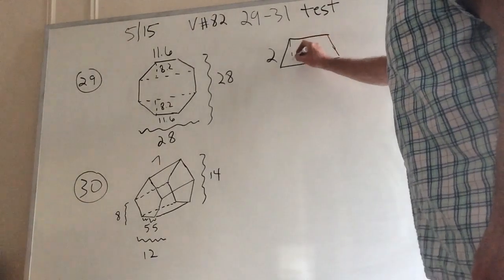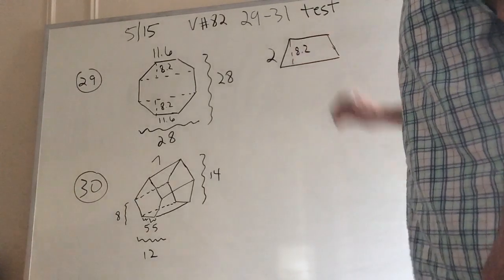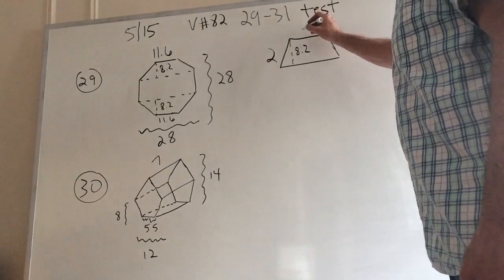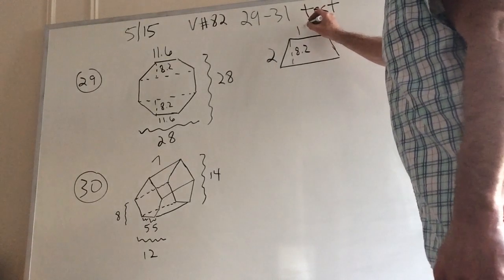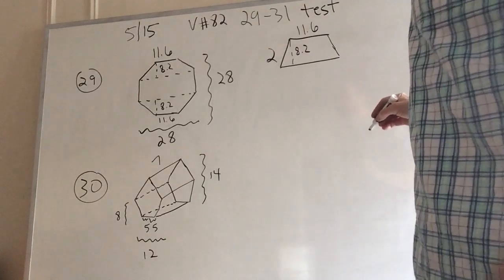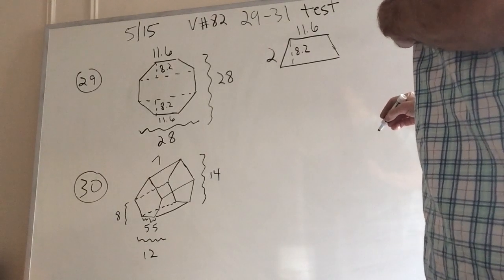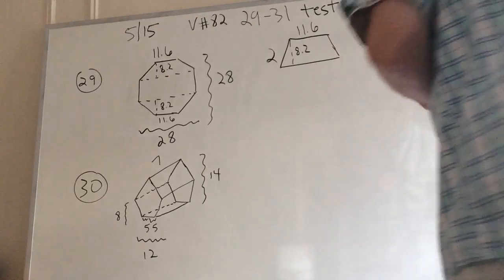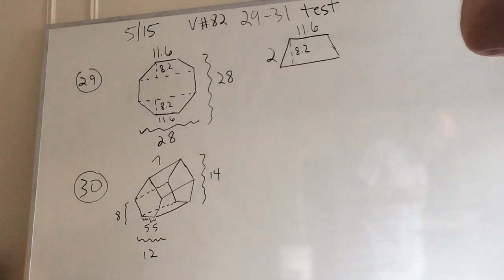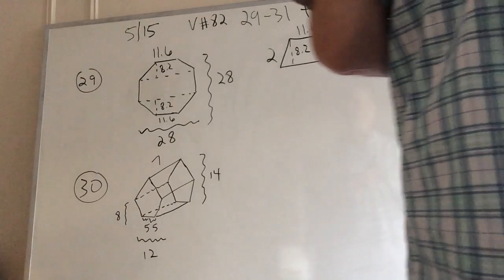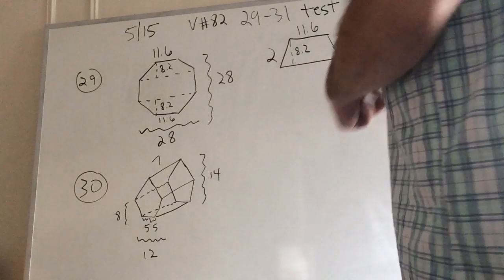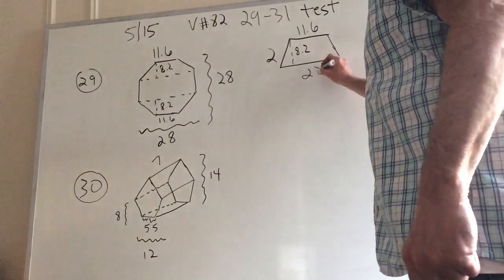The height, perpendicular, a word you should be very familiar with now, is 8.2, and the one base is 11.6, and then the other base here is 28, okay?